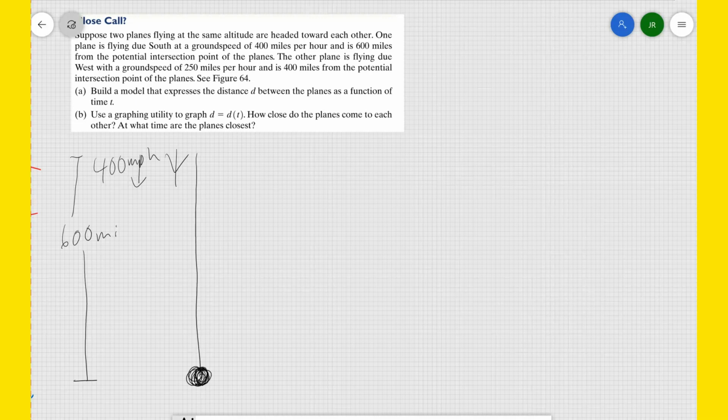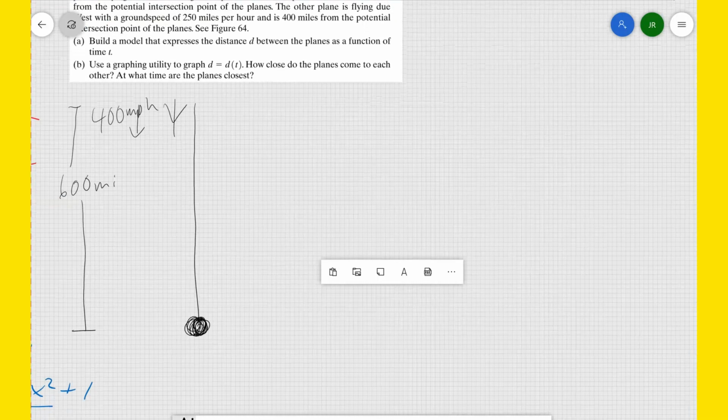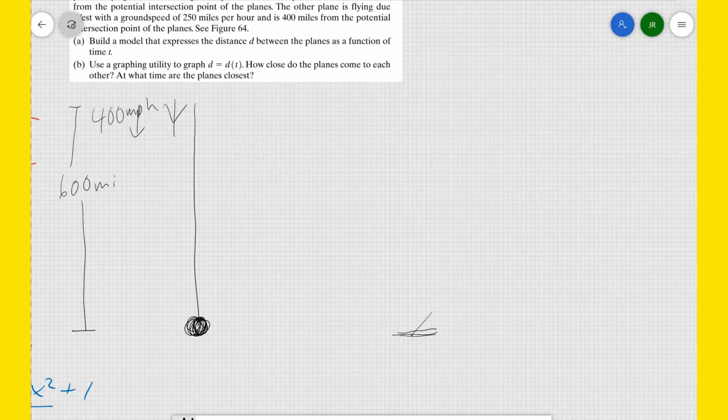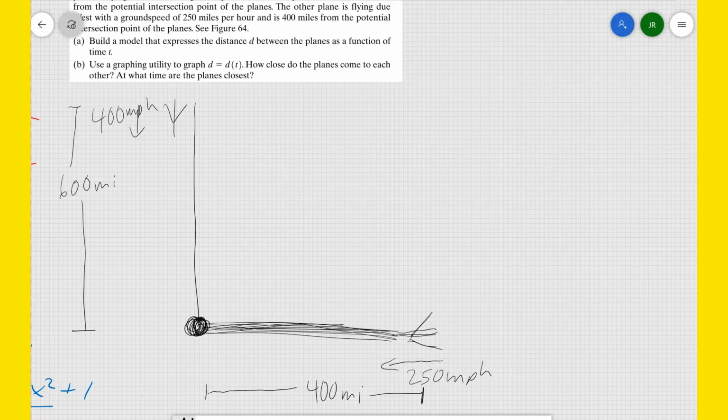The other plane is flying due west. So here's my other plane, and it's flying due west at 250 miles per hour, and it is 400 miles from the potential intersection point.